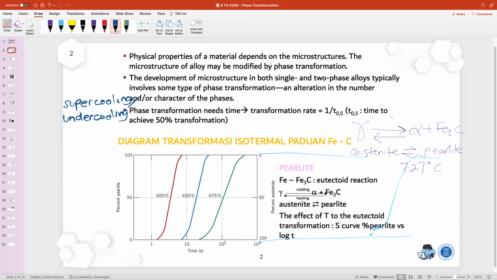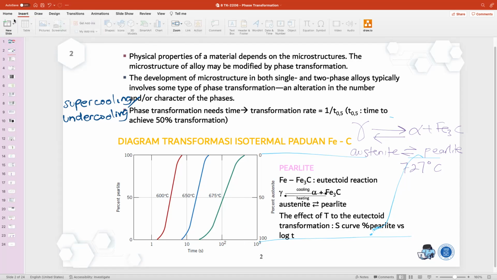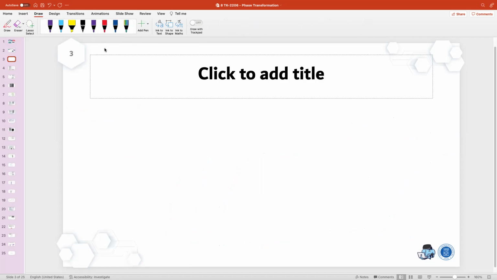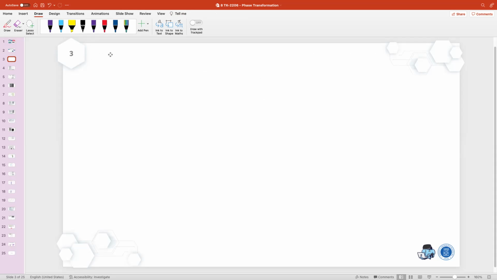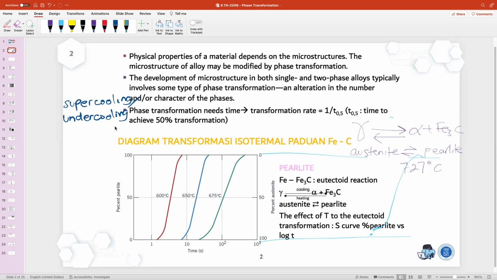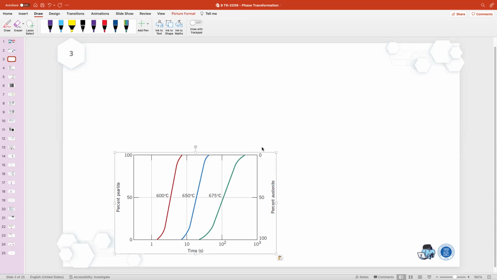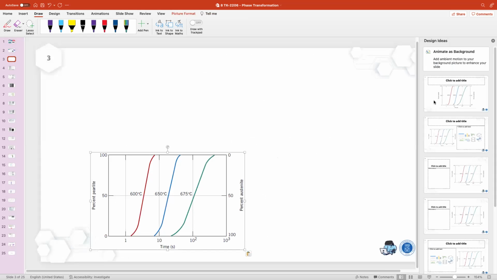Okay, I think you need to know how to read this. Have you ever read a logarithmic diagram?